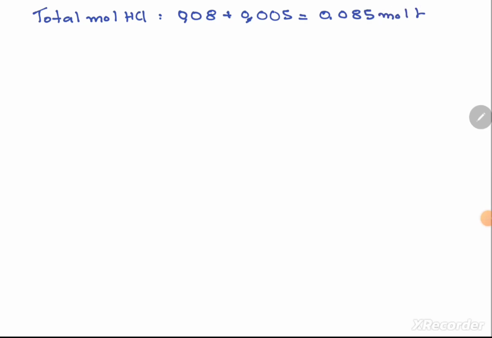So we calculate the total moles of hydrochloric acid, which is equal to 0.085 mole of hydrochloric acid.